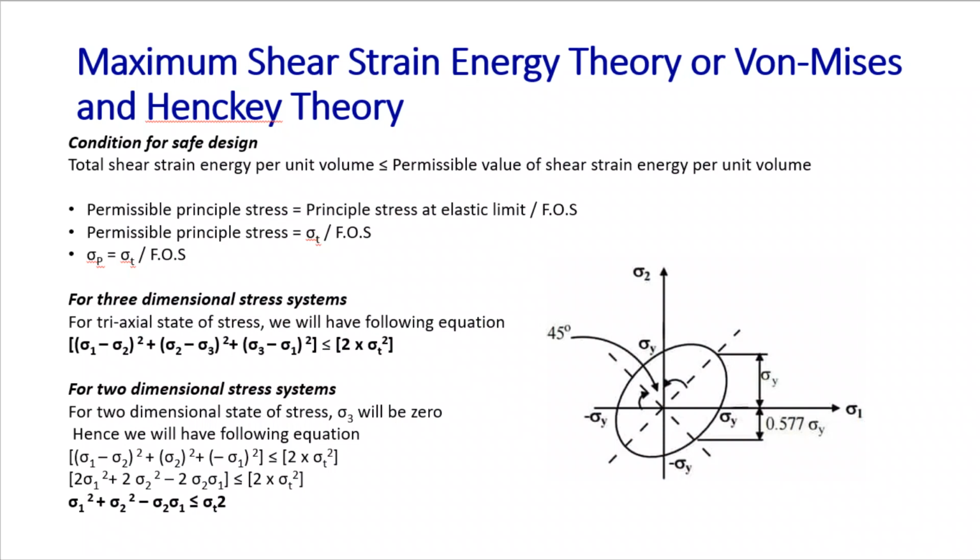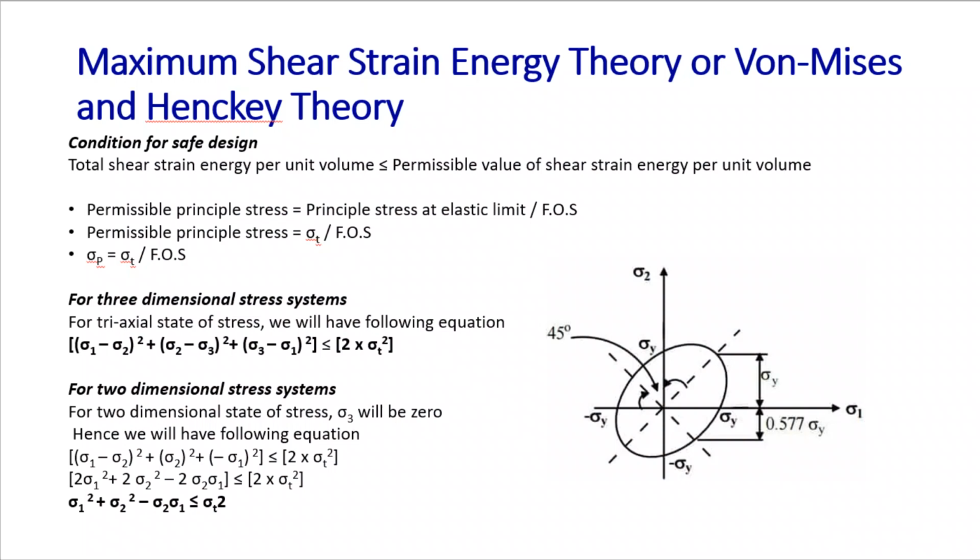So what is the condition for safe design? You need to take the factor of safety. That means you need to limit the shear strain energy. It should be less than the permissible value. That means the permissible principal stress is equal to the principal stress at elastic limit divided by the factor of safety.